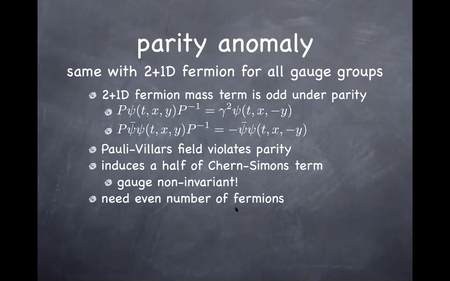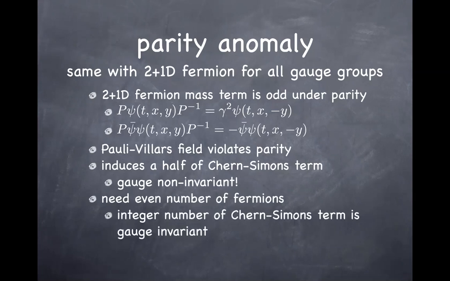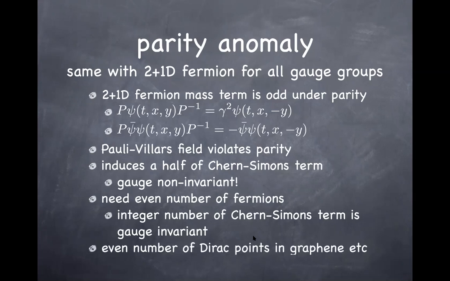But if you have an even number of them, then the Chern-Simons terms become an integer multiple, and hence become gauge invariant. And this is the reason it is believed that when you have a condensed matter system in 2 plus 1 dimensions, you need to have an even number of Dirac points to maintain the gauge invariance of the theory. So again, anomaly has some consequence on the systems in the real world.